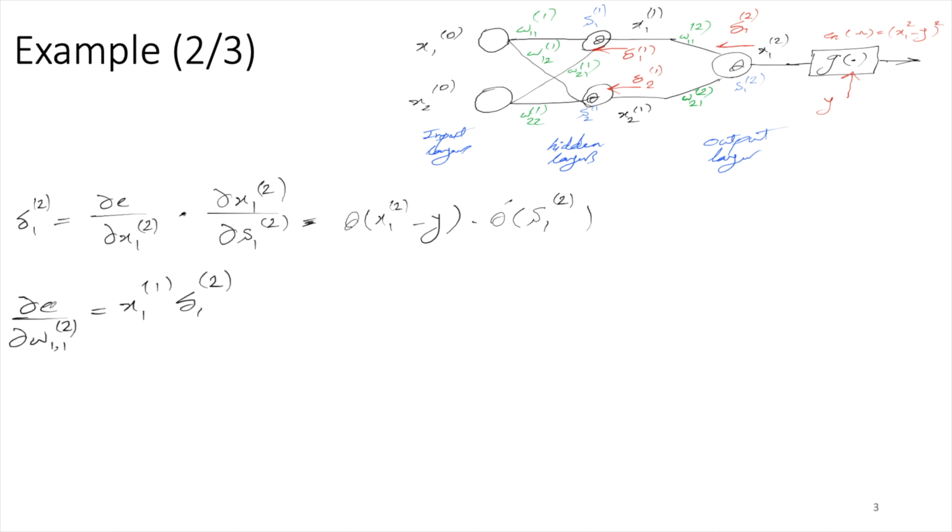So now we are interested in finding the partial changes of E towards the changes of W1 1. Because we arrive here, we know that we go after this path and also that path. So the first one would be x1 1 times delta 1 2. So here.